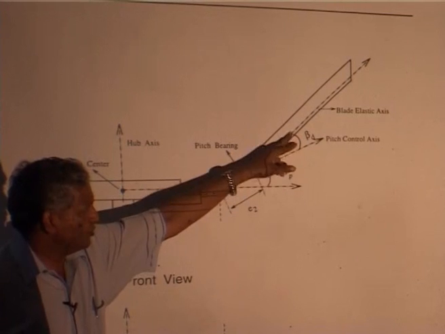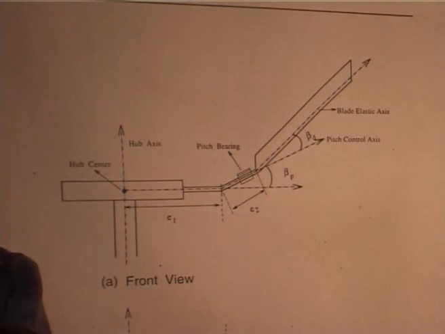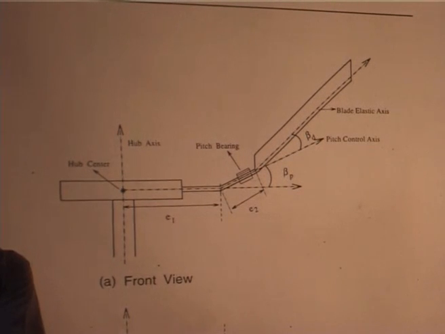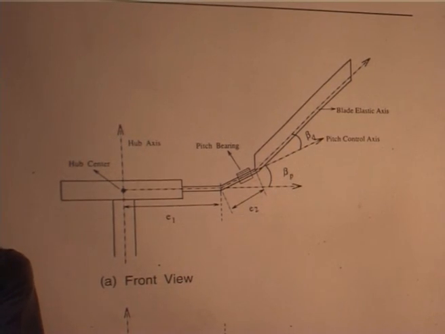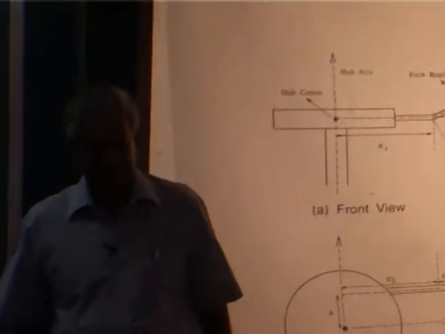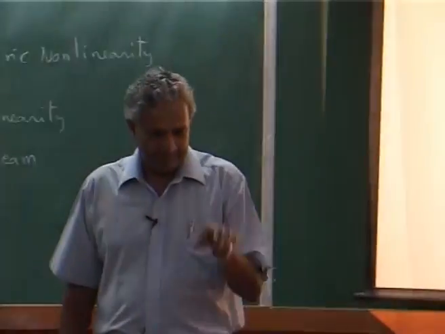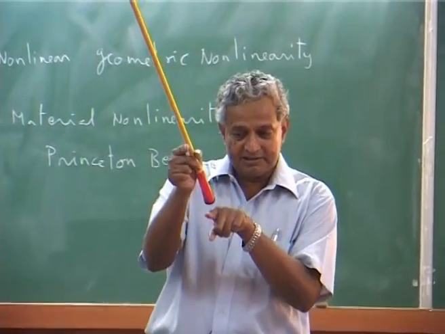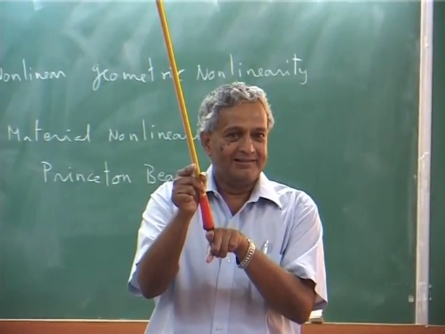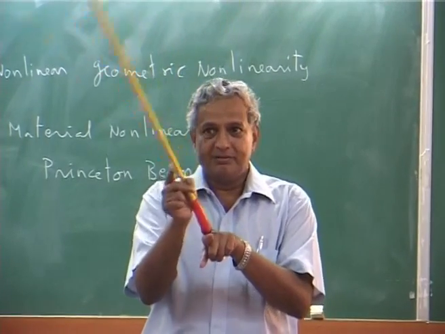If droop is 0, the pitch angle will change like this. But if droop is there, and I rotate about this axis, the blade will go like this. Not only will the pitch change, it will also move back and forth, because the axis of rotation is not along the blade, it is in some other direction.